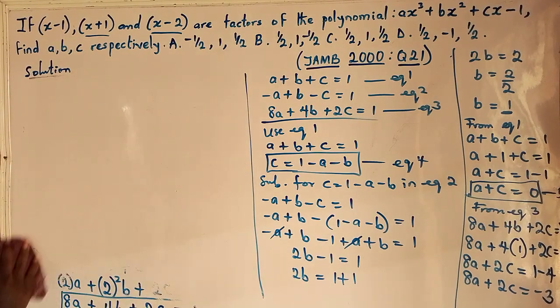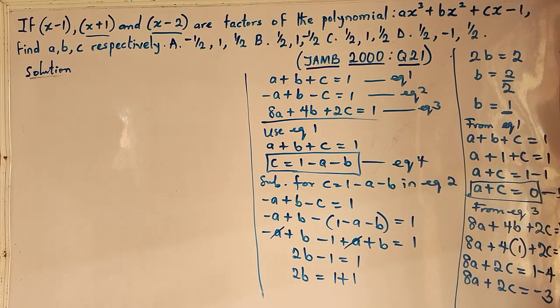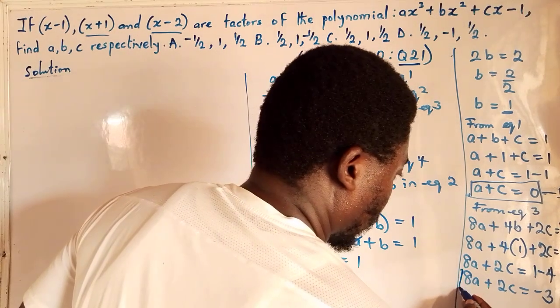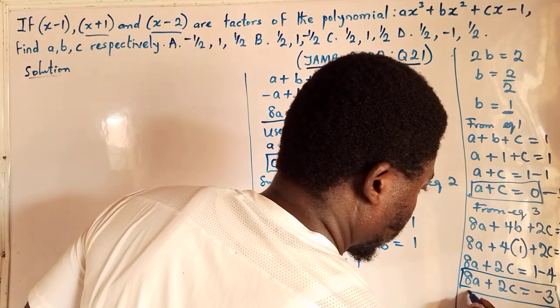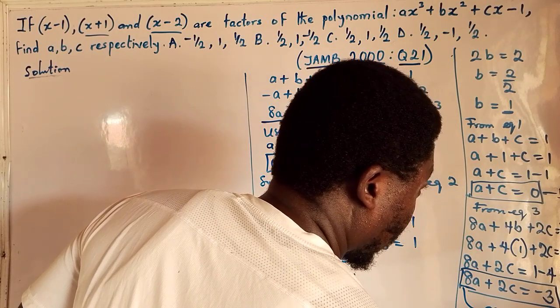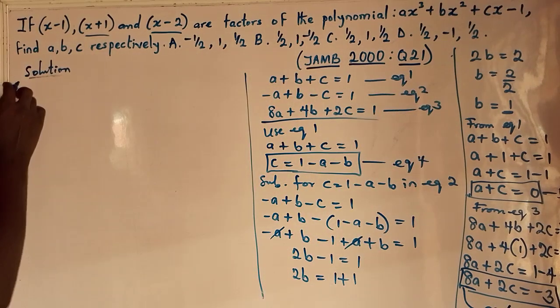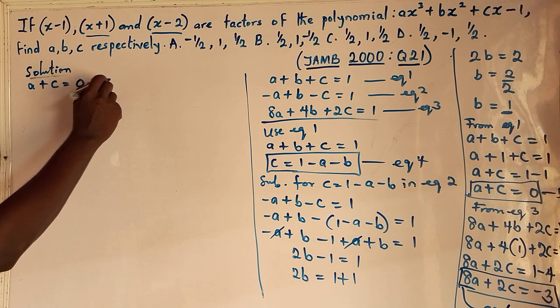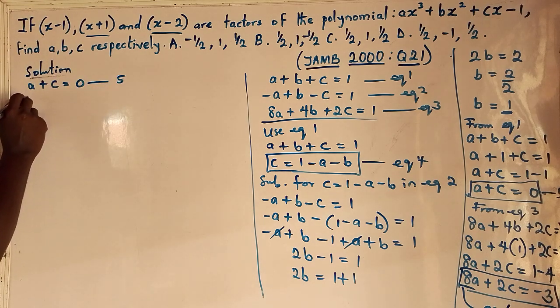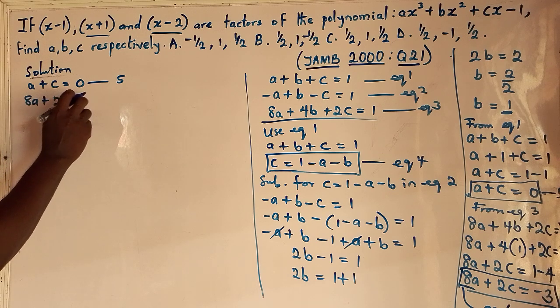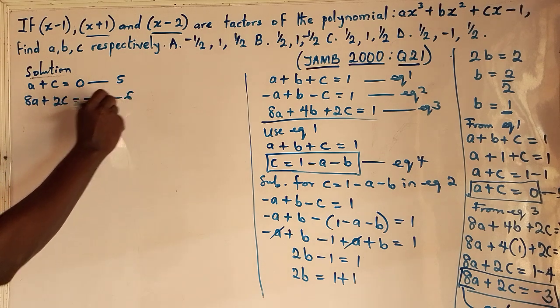So what do we now have? Let's take this one as equation 6. So we have the two equations: A plus C equals 0, equation 5, and 8A plus 2C equals minus 3, equation 6.